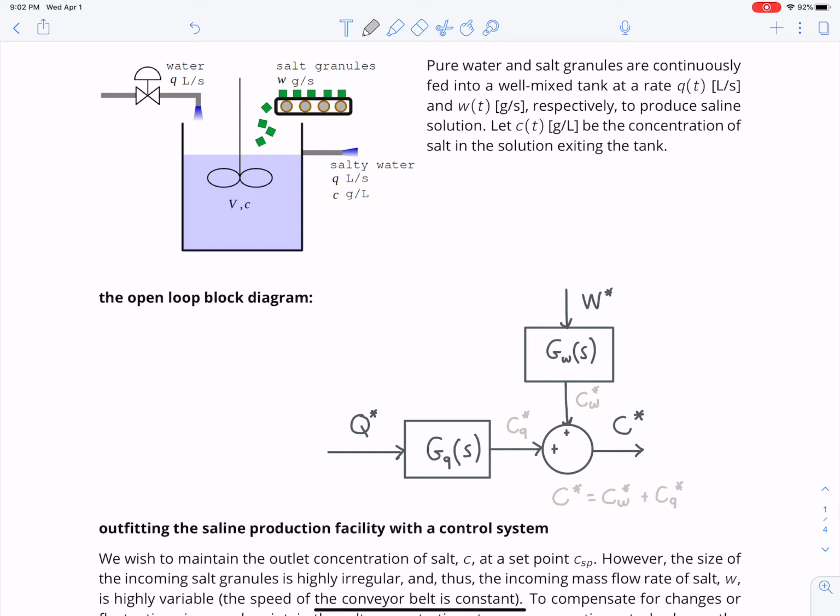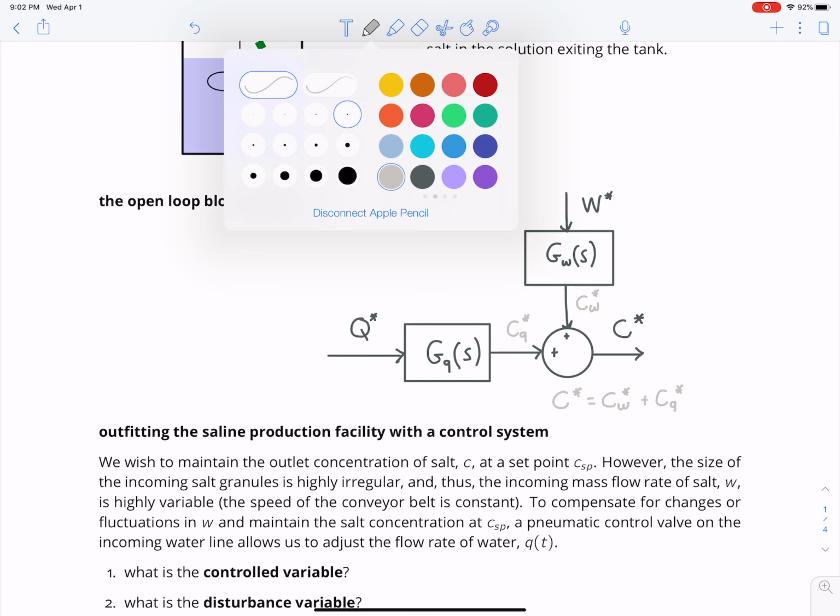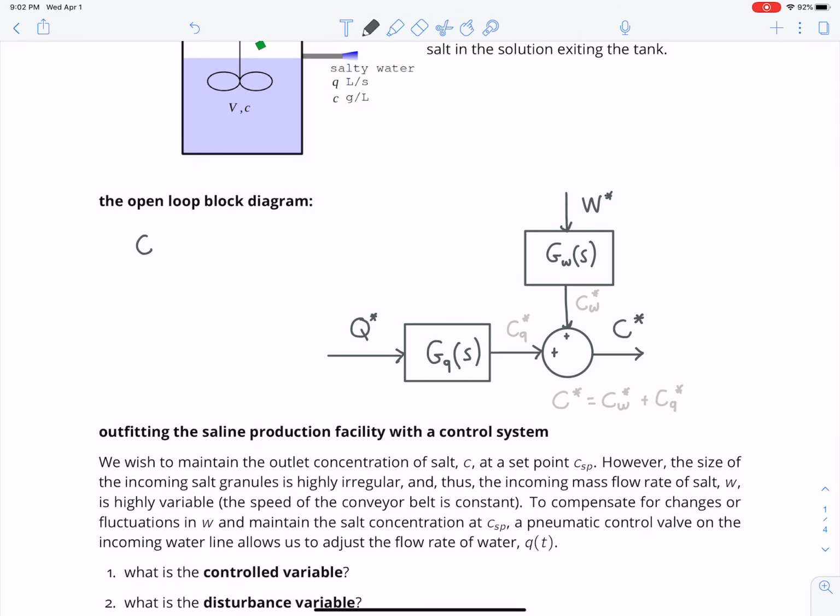So how salty the water is coming out of the tank is determined by a contribution from W. Well, I should circle this because this is the contribution from W, and a contribution from Q. And indeed, we can write, just from looking at this block diagram, C star is GW W plus GQ Q. Right? And that's what we derived before in our previous lecture when we reviewed the development of dynamic models.